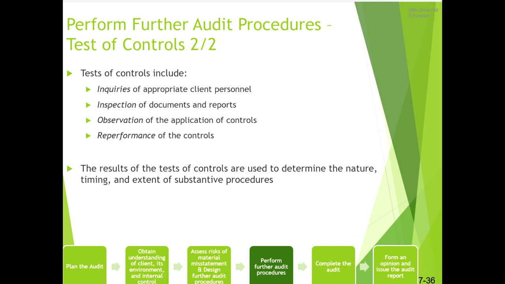Well, can we look to see that process of actually getting approval on a purchase requisition before it becomes a purchase order? And then lastly, we can include reperformance of the controls.